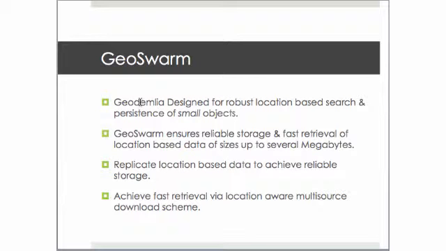This scheme, on the other hand, ensures reliable storage and fast retrieval of location-based data of size up to several megabytes. It achieves reliable storage via replication of location-based data and achieves fast retrieval using a location-aware multi-source download scheme, which we will talk about in the further slides.